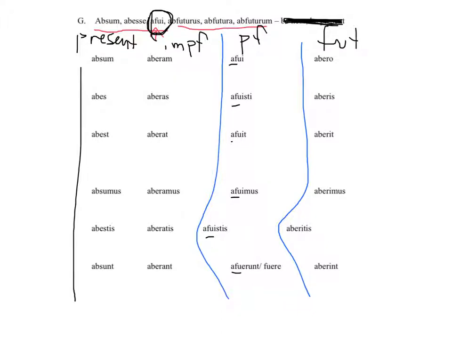And then absum, instead of meaning I am present, absum, as you can probably guess from the word like absunt down here, instead of meaning I am near or I am present, means I am absent.